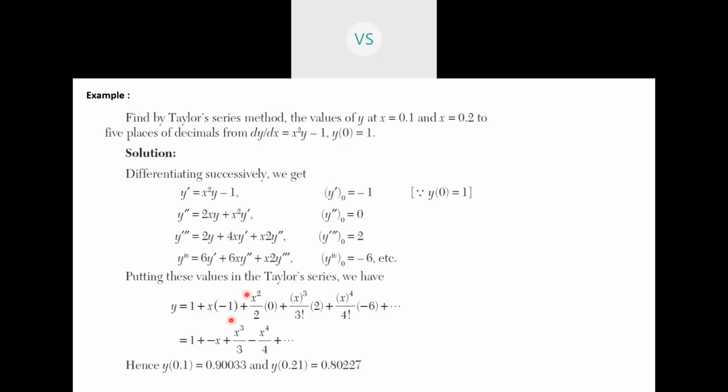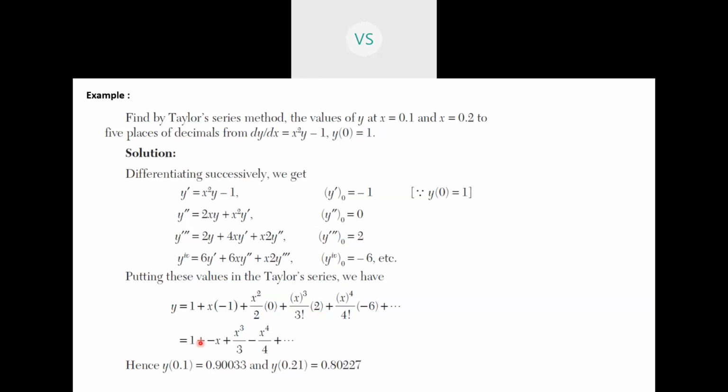It is minus 1, plus again (x minus x0) square, and x0 is 0, therefore only x square by 2 factorial into y double dash. What is the y double dash value? It is 0. Plus (x minus x0) cube upon 3 factorial into y triple dash. The y triple dash value is 2 here, they will consider that. In this way you get the equation in y.